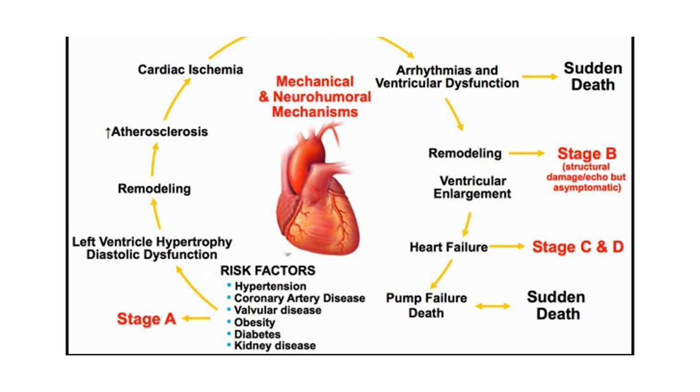And as the heart failure progresses, those systems, the sympathetic and the RAS system, are constantly being activated. The heart's having to work harder and harder to maintain blood pressure. And finally, there's pump failure and death. So there's cardiac arrest and death.